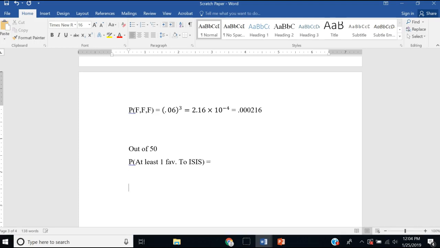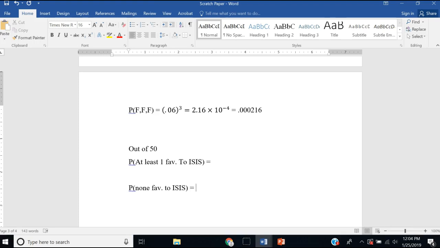So what we're going to do is find the probability of the complement. And remember, for at least one, the complement is that none are favorable to ISIS. So what we would do, none favorable to ISIS.